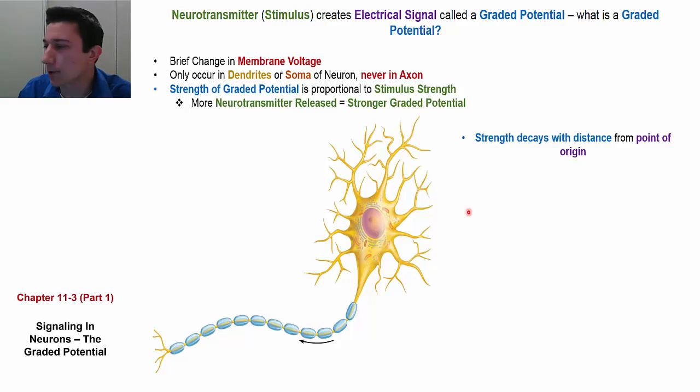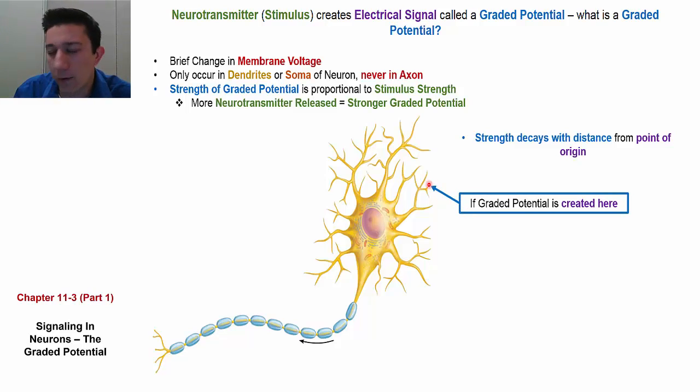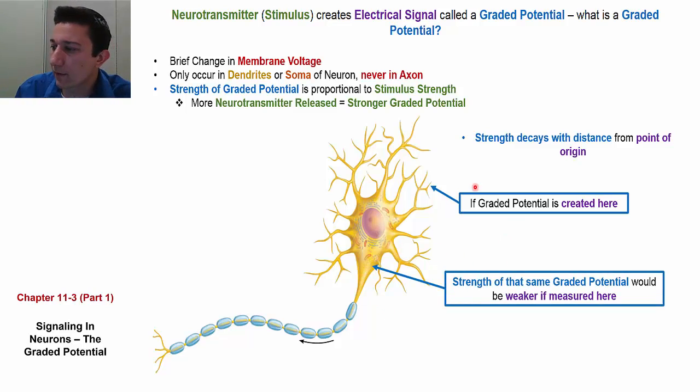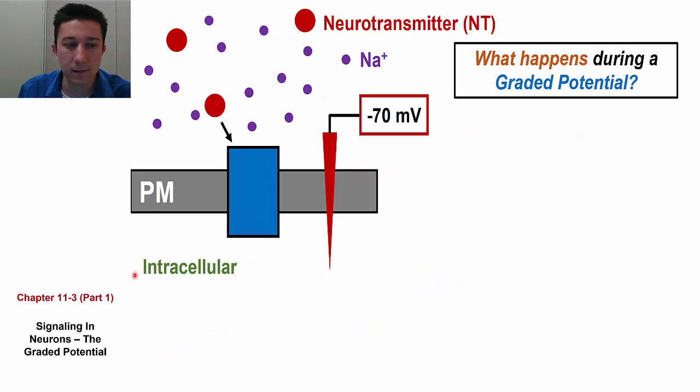So if a graded potential, let's say, were to start right here on the tip of this little dendrite, and let's say we were to measure it right here near the axon hillock, the strength of that particular graded potential that was created here would be much weaker if we measured it further away. If we get closer to it and measure it, it would be stronger. So the strength of the electrical signal decays with distance, which is not something that we see in action potentials. Action potentials do not decay with distance from their origin point.